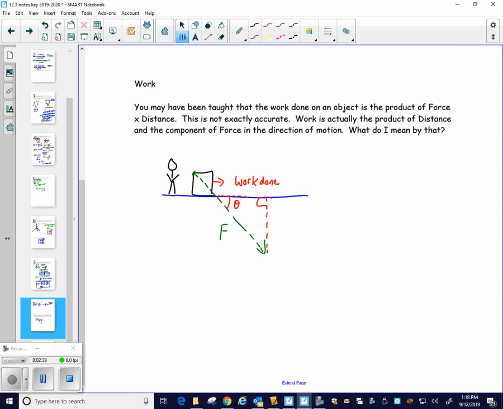And the work done is going to be based upon what the force is going to be in the horizontal direction. Well, I don't care what we call it, I'm going to call this A, I guess.